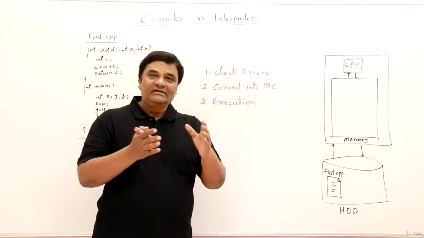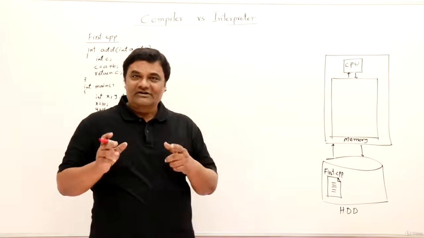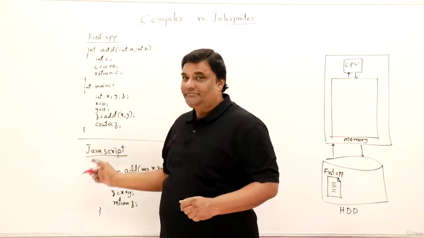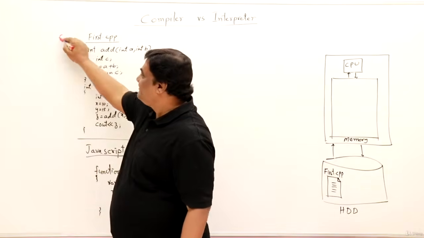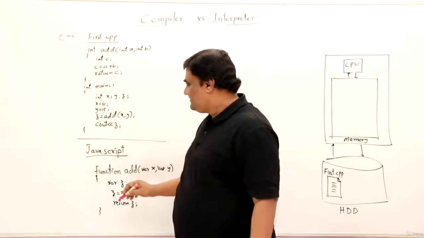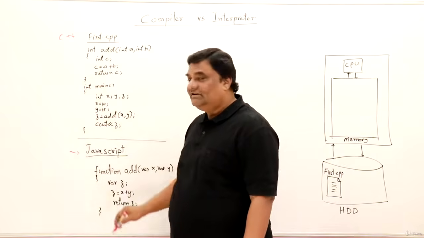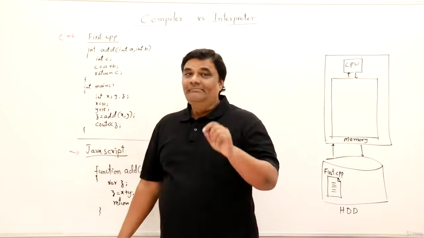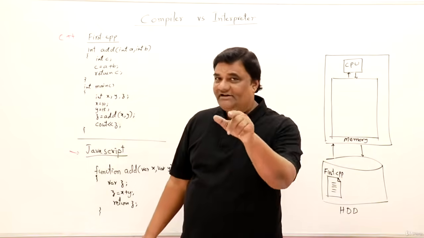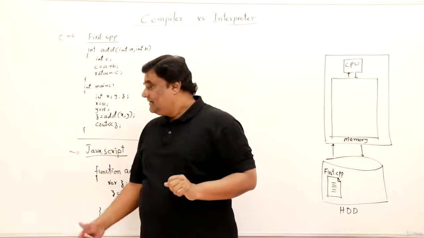Now let us compare them one by one. For comparison, I have already taken some program code here. This is the source code written in C++, and this is the source code written in JavaScript. C++ is a compiler based language. It has a compiler, not an interpreter.